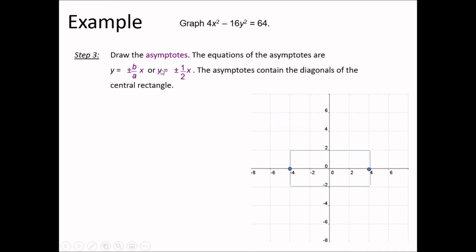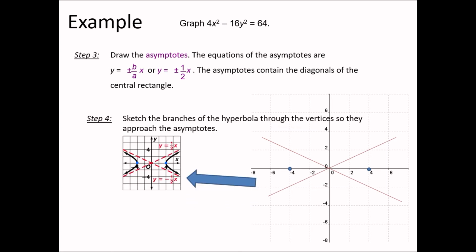We have 4 over 8. Or it can be y is equal to positive or negative 1/2 x. Draw lang tayo din ng asymptote. Yan. And then, pwede na natin i-drawing yung hyperbola line. Sketch lang natin yung hyperbola line. At dapat hindi sila nag-intersect ng asymptote line. Yan siya.